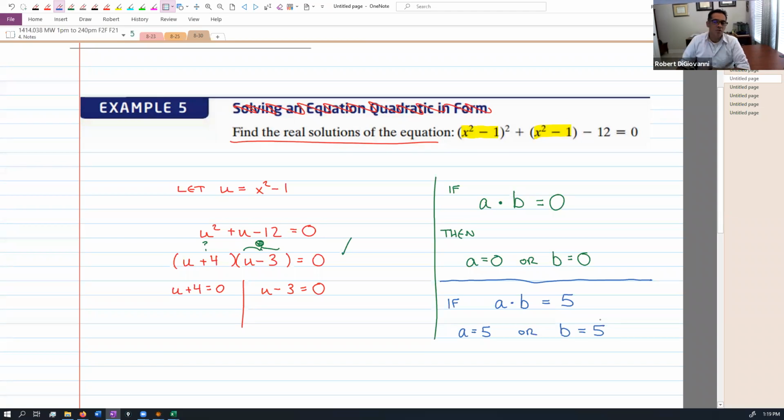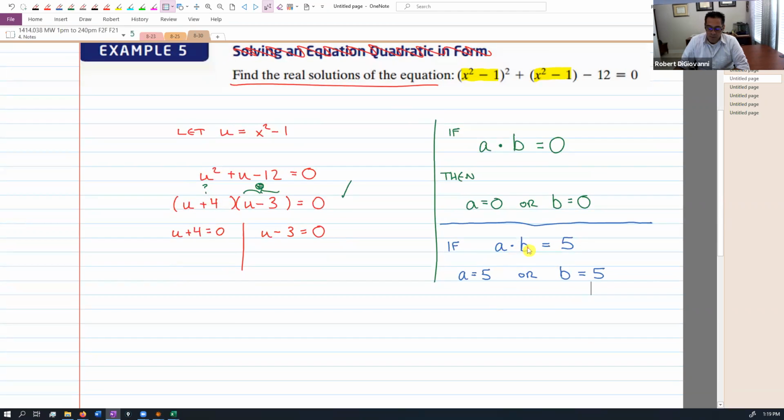If I tell you two numbers multiply to be 5, does that mean that they both have to be 5? Or one of them has to be 5? You understand what I'm saying? If two numbers multiply to be 0, then I guarantee you one of them has to be 0. But if two numbers multiply to be something other than 0, like 5, does that mean that one of them has to be 5?